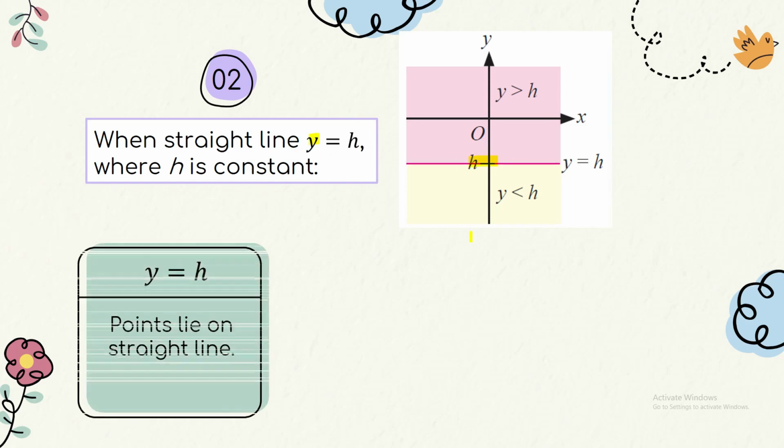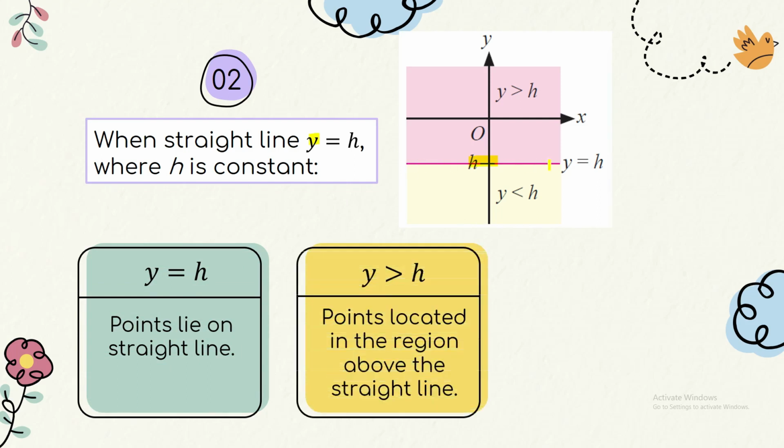So if y equals h, the points lie on this red straight line.